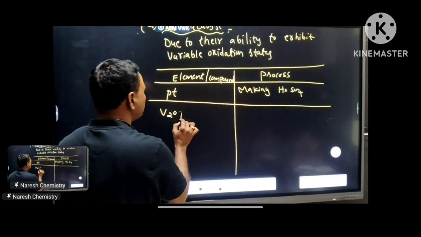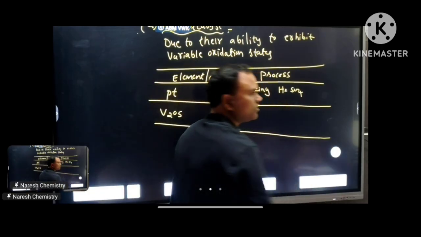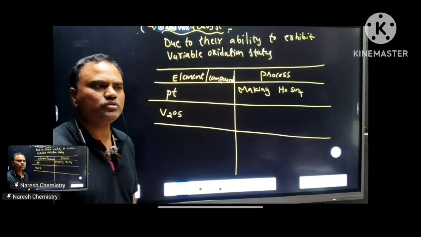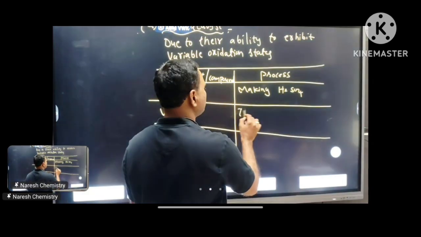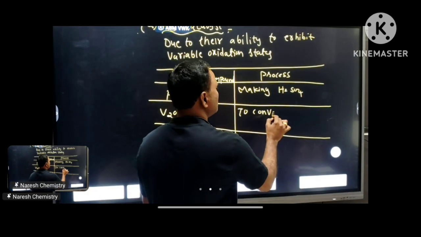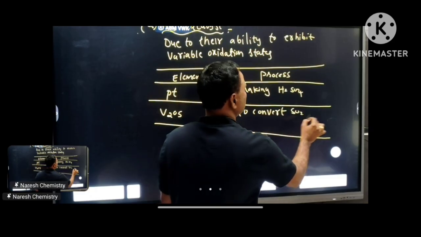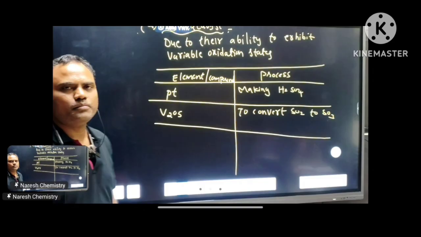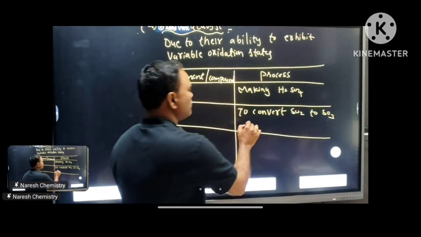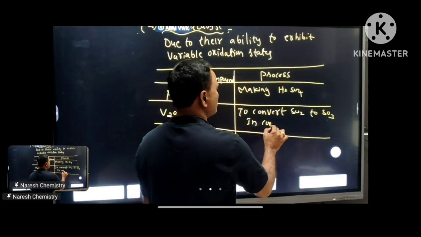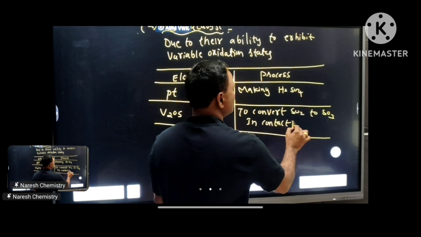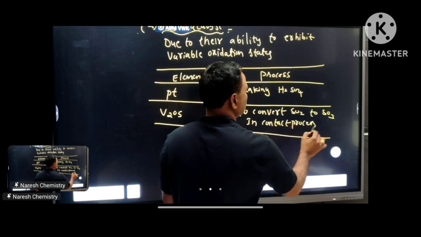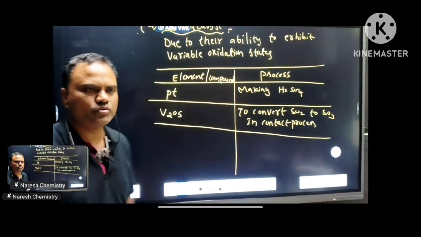V2O5, vanadium pentoxide, is used to convert SO2 to SO3 in the manufacture of sulfuric acid in the contact process.